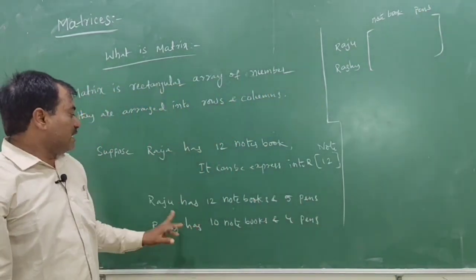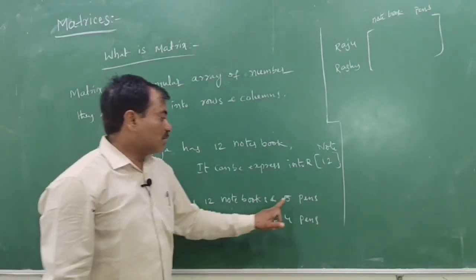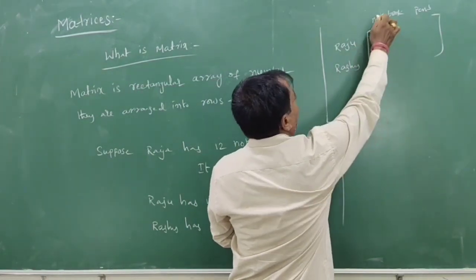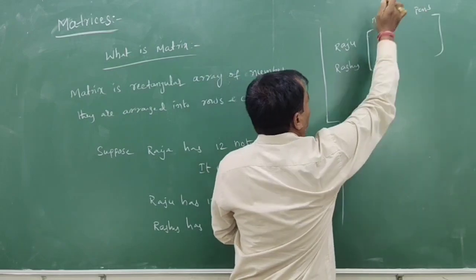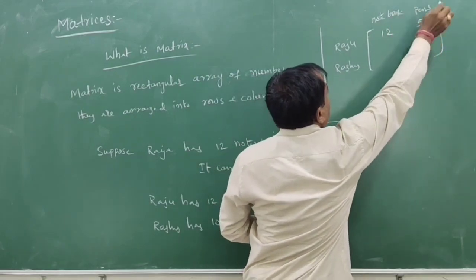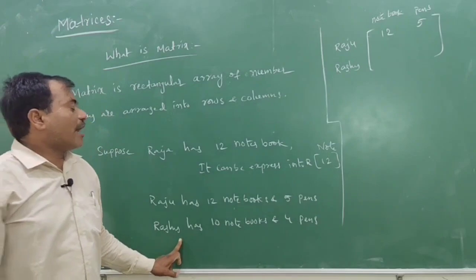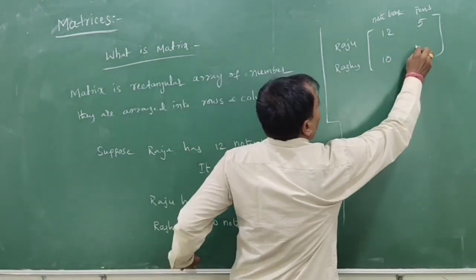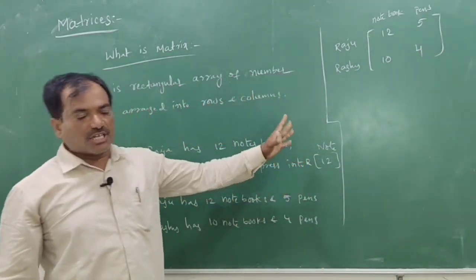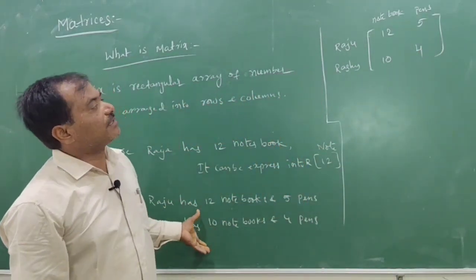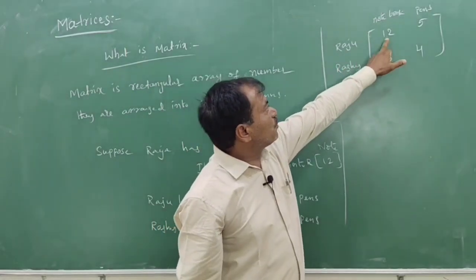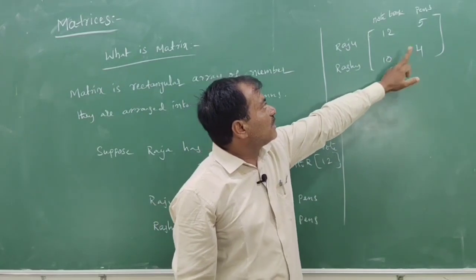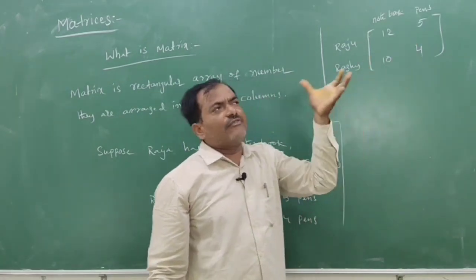So here the information is Raju has 12 notebooks, 5 pens, and Raghu has 10 notebooks, 4 pens. Now this is the general information of the two students.